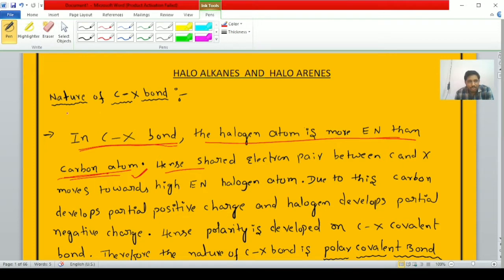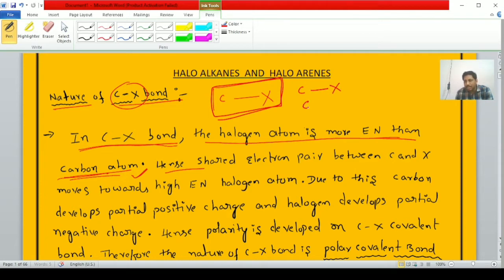Observe the cursor, students. Nature of the C-X bond. The carbon halogen bond is the main, important bond in the case of haloalkanes and haloarenes. For example, if you consider a haloalkane, the C-X bond is present.